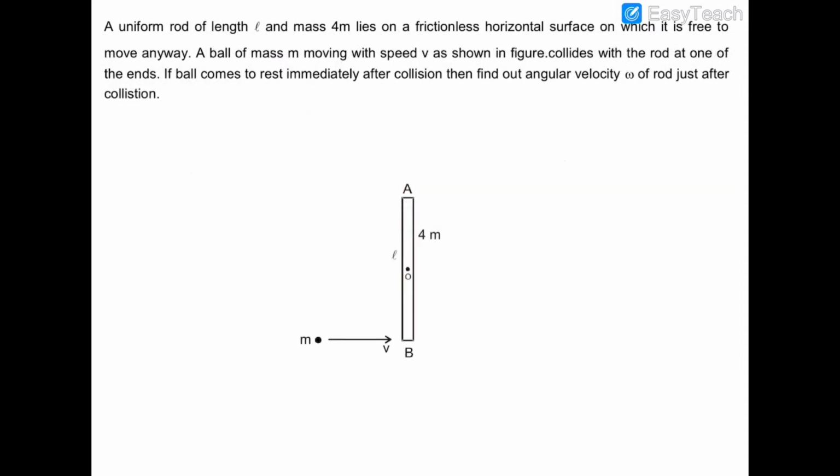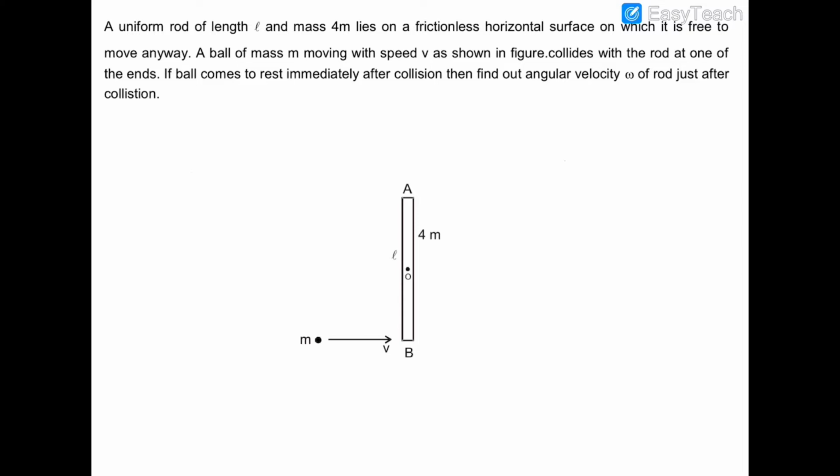In this question, there is a rod of length L and mass 4m. This rod is placed on a frictionless horizontal surface and it is free to move in any direction. Another mass m, which is moving initially with the velocity of v, strikes this end B of the rod and comes to rest immediately.